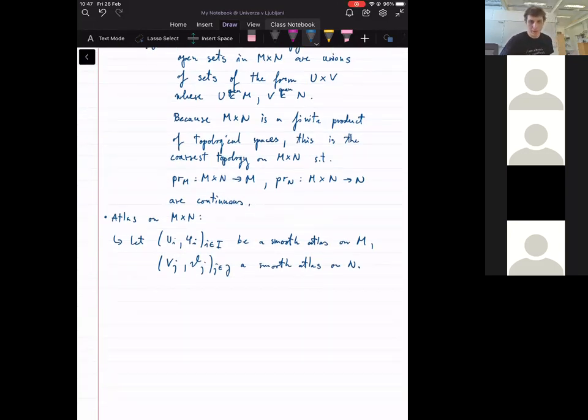Okay, so now we define the smooth atlas on the product in the natural way.